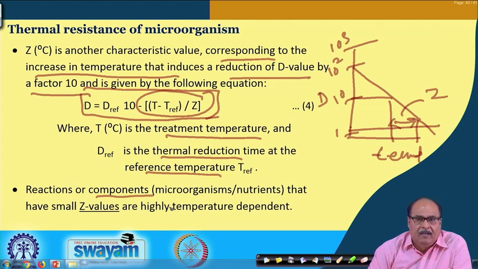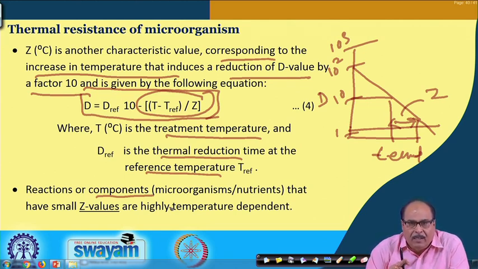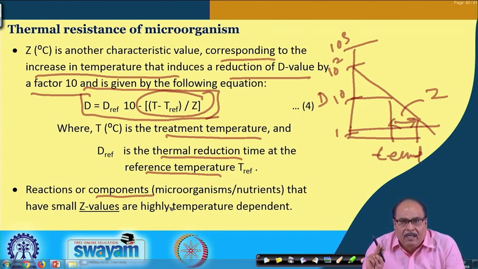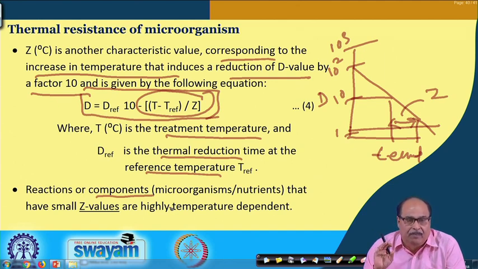Let us take two microorganisms. One microorganism has a Z value of 10 degrees, another microorganism has a Z value of 50 degrees. Then the microorganism, or food component or reaction, which has a higher Z value will be least influenced by the temperature.